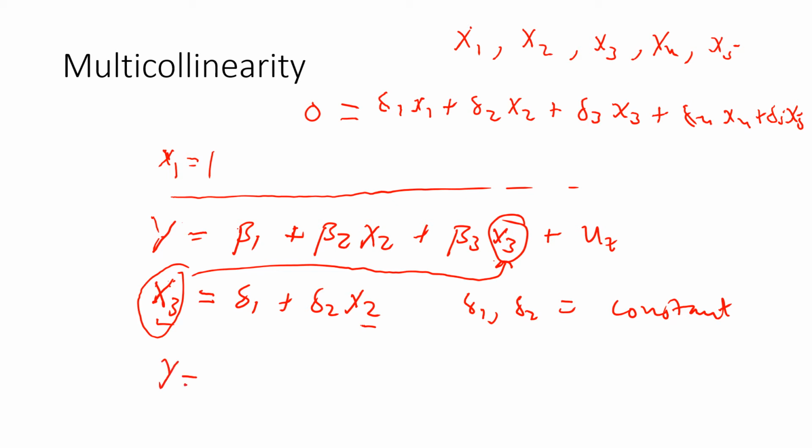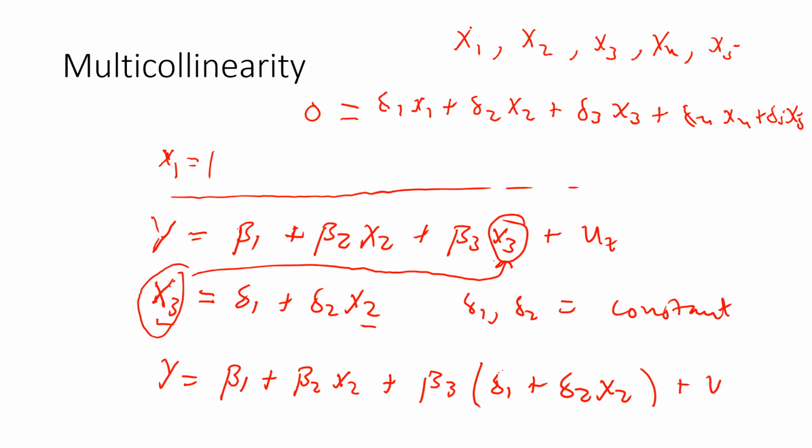So our model will become y is equal to beta 1 plus beta 2 x2 plus beta 3, and replacing the value of x3 we get sigma 1 plus sigma 2 x2, and the error term ut.